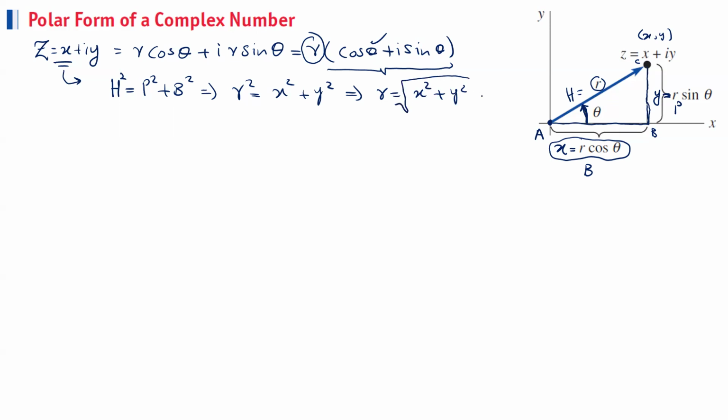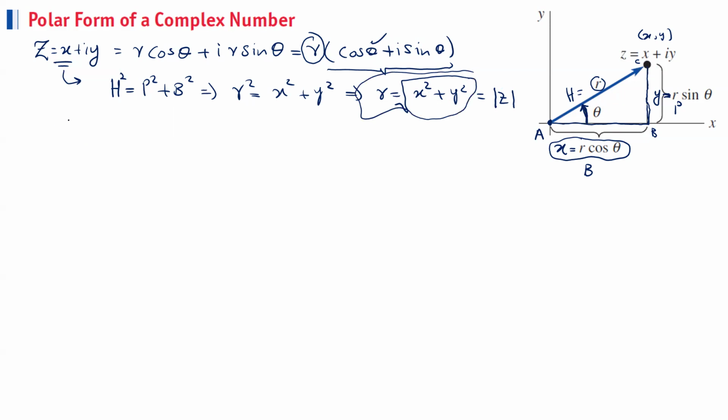If you recall from the previous discussion, this is the definition of the modulus, or the magnitude, of a complex number. So this is the length of the distance between point A and point C. This is r, this is the formula for r.